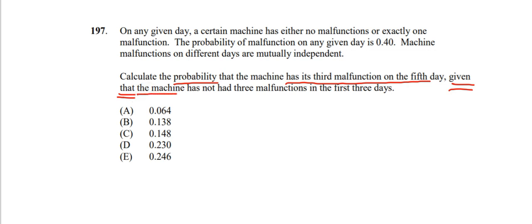Given that the machine has not had three malfunctions in the first 3 days. So we just put day 1, day 2, day 3. So the condition is just like that.